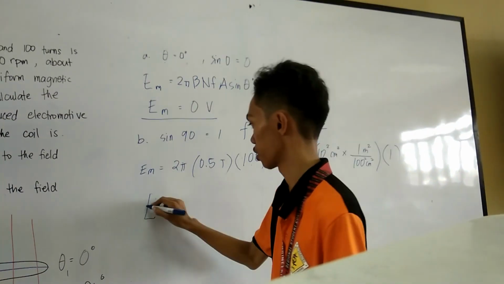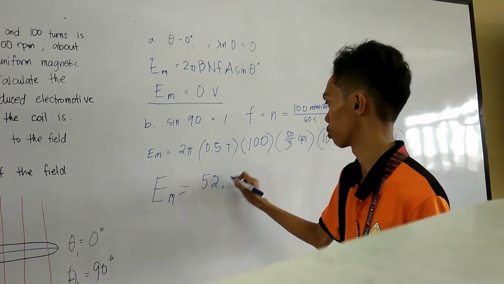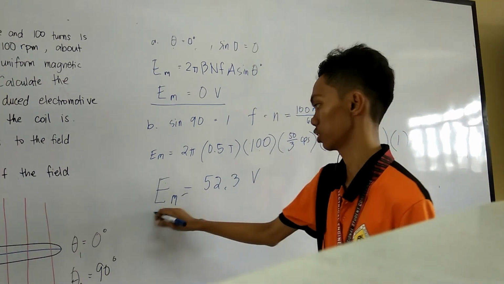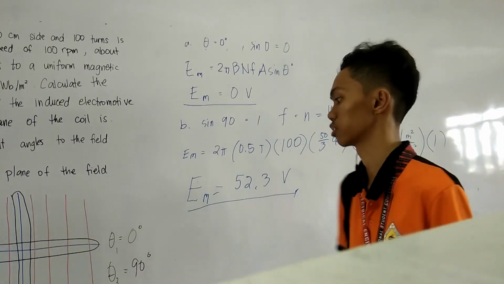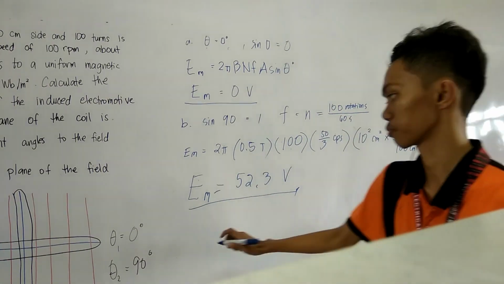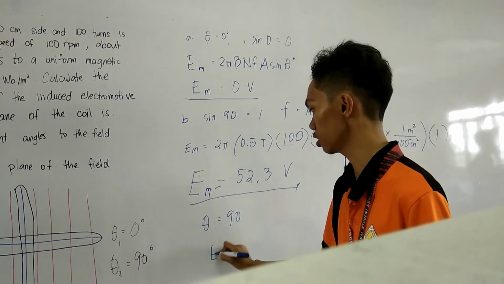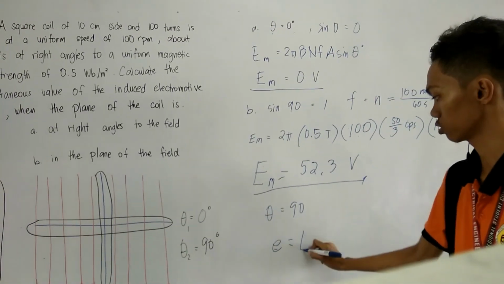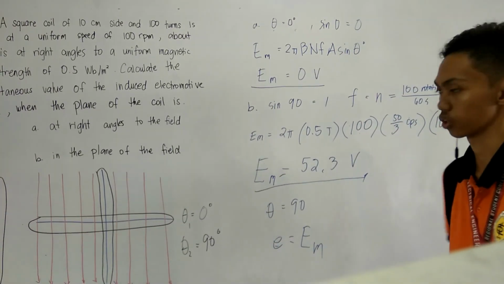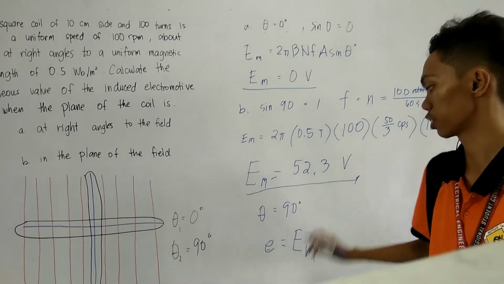So our E sub m is equal to 52.3 volts. This is the EMF generated in letter B. This means that at angle 90, the generated EMF E is equal to E sub m, or the maximum. So this is the maximum available generated voltage.